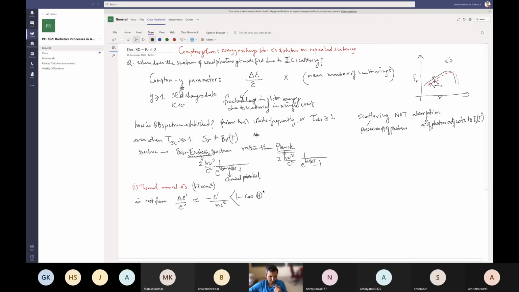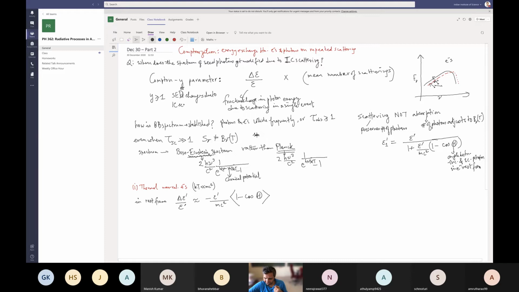If you recall, in the rest frame we had this expression: epsilon prime after scattering is equal to epsilon prime before scattering divided by 1 plus epsilon prime before scattering by mc squared times 1 minus cos theta, where theta is the angle between the incident and scattered photon in the electron rest frame.